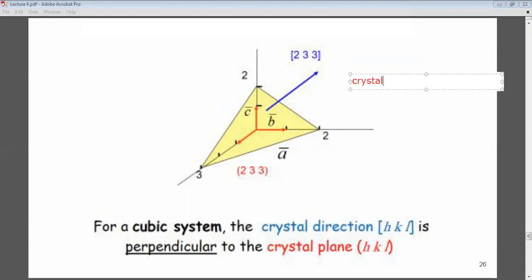If I want to calculate the Miller indices, it hits the x-axis at 3, right? It hits the y-axis at 2, and it hits the z-axis at 2. And then I take the reciprocals.